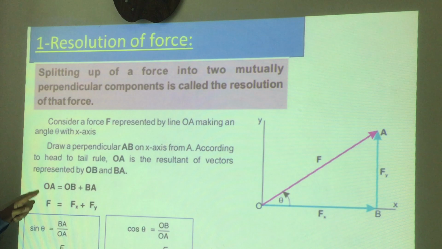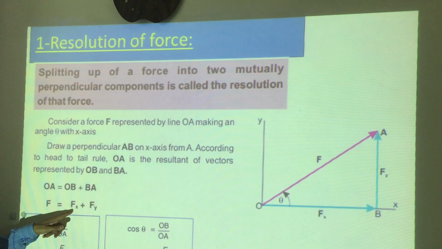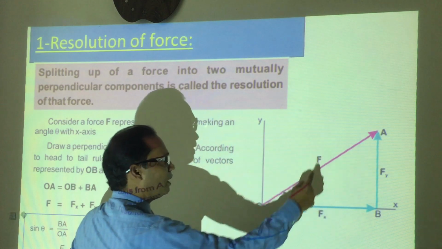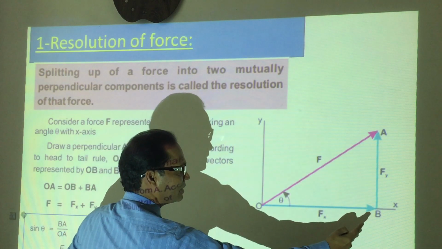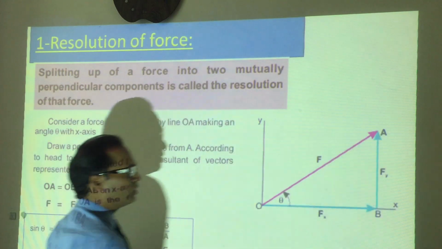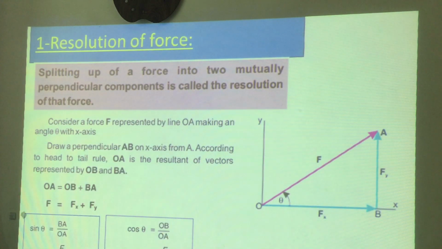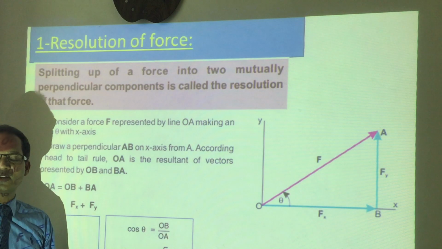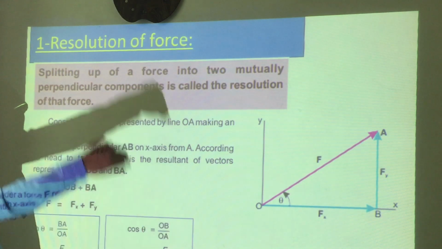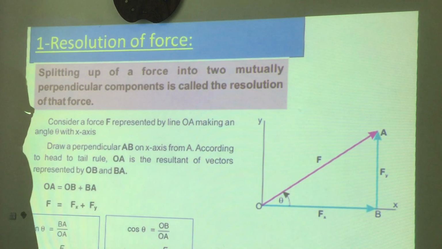OA is represented by F, and OB is represented by Fx. So F has one component along the x-axis, that is Fx. And the line we drew the first time, that is Fy. So F has two components: one along the x-axis, that is Fx, and another along the y-axis, that is Fy.